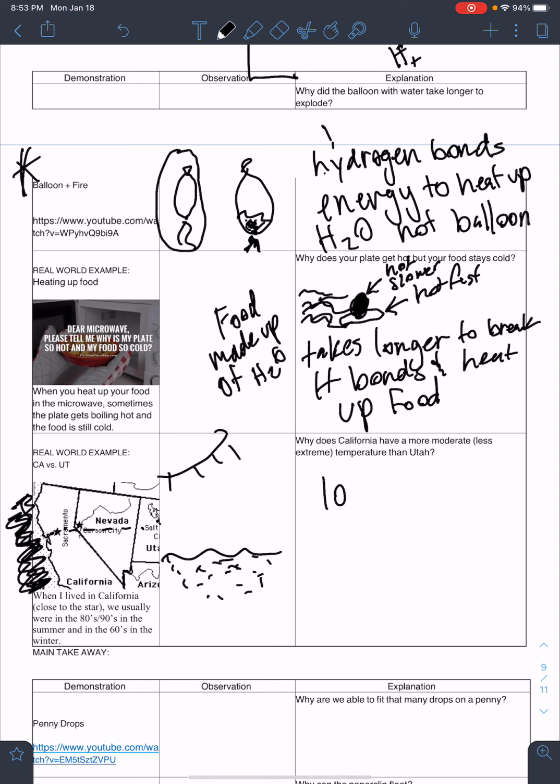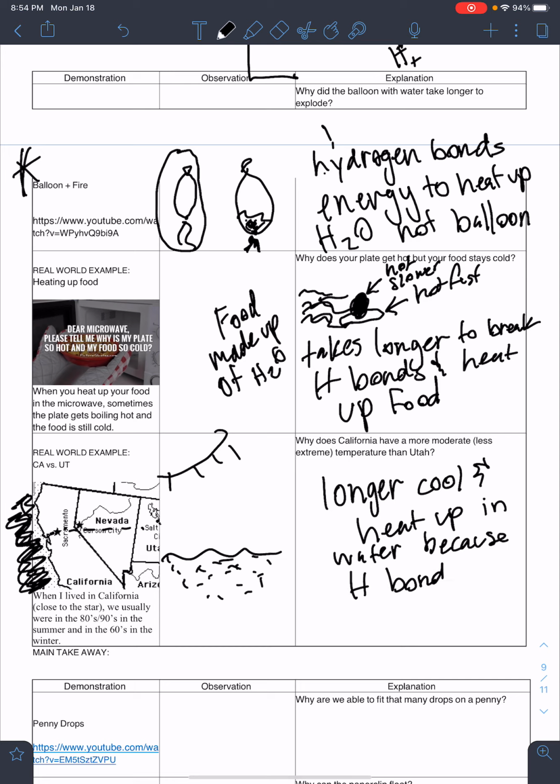So water takes longer to cool and heat up because of H bonding. And because of that, the land that's right next to the water, like this is California, also takes longer to heat up and cool down because it's close to this water right here.